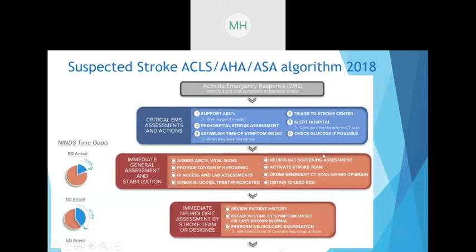Okay, and then immediately activate the stroke team and order emergency CT scan or MRI and obtain a 12-lead ECG. Okay, so within 25 to 30 minutes, we are expecting the stroke team to come and review the patient, of course, to clarify further regarding the history. And at this time, they can start assessing the patient using the NIHSS score.